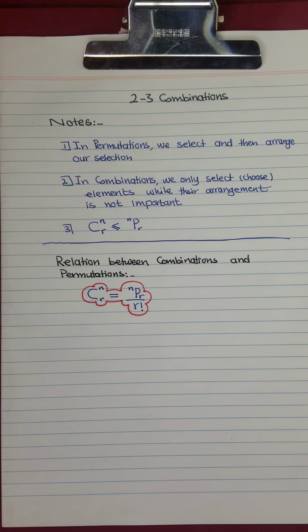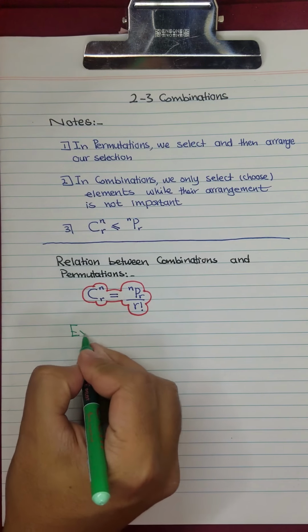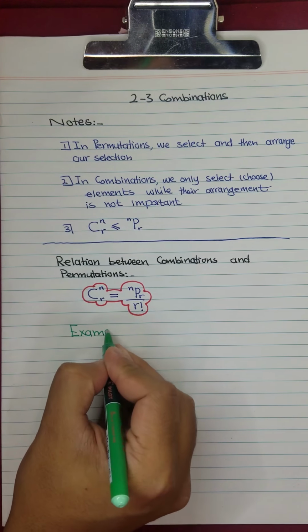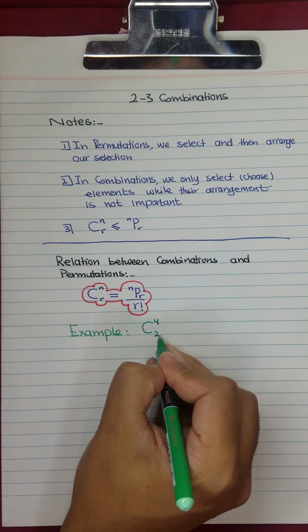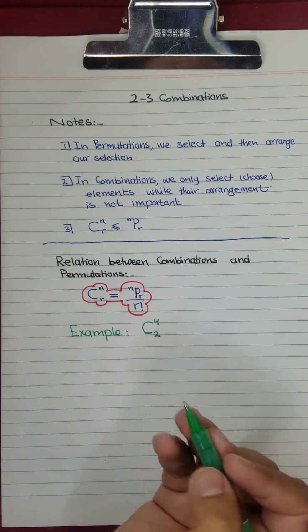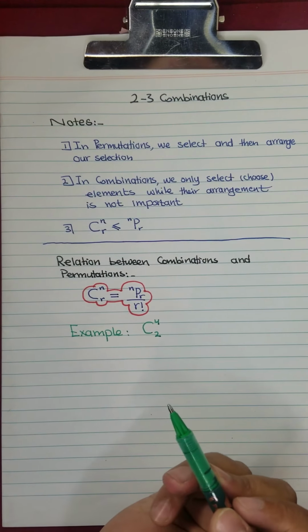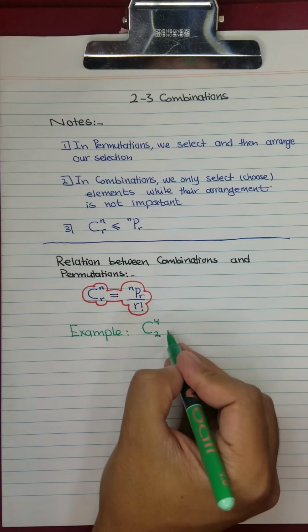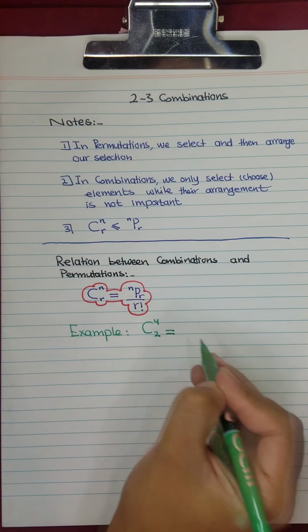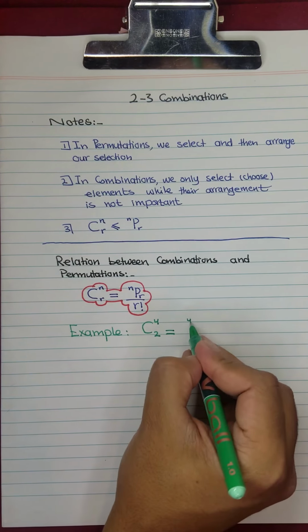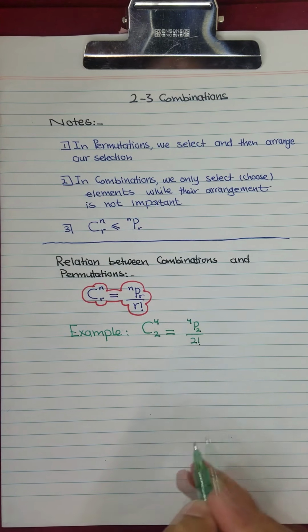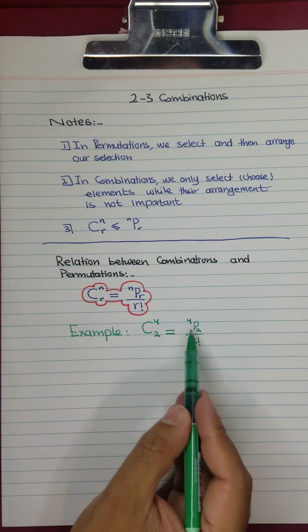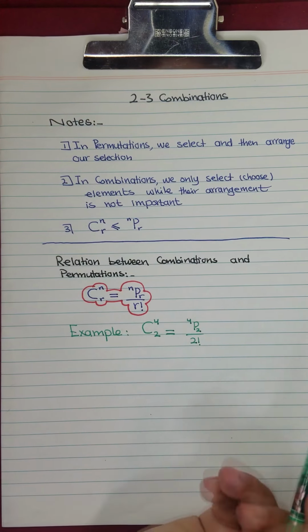And let's show you that with the previous example. So an example, in the previous one, we actually calculated 4 combination 2. And the answer was 6. Let's see, following this rule, will we also get 6 or not? So this is going to be 4 permutation 2 over 2 factorial.